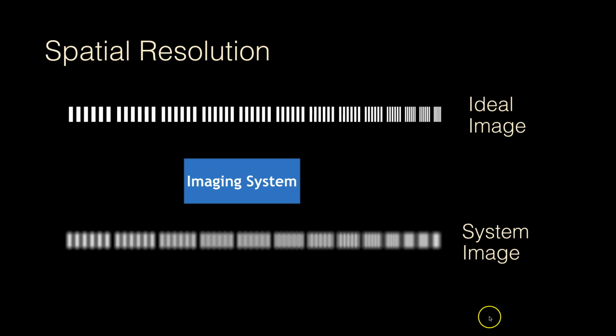So in general, we can think of starting with an ideal image, so this nice perfect bar pattern, and then imaging it on a physical system, and then we get something which is output.